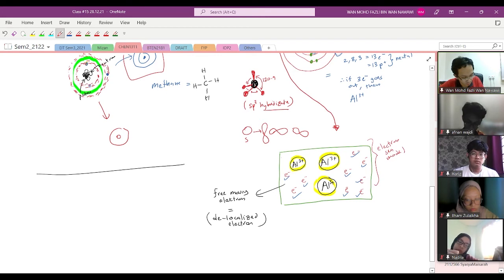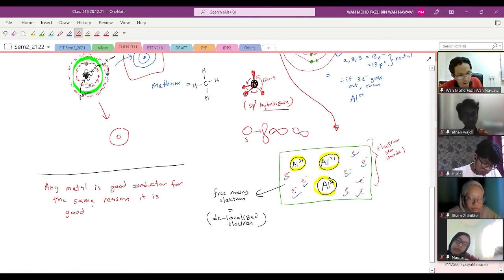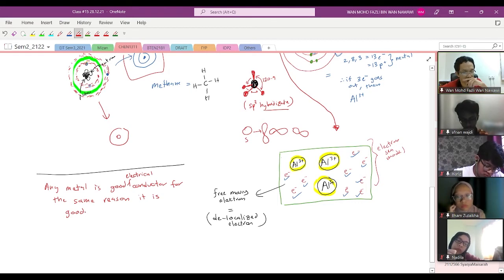So any metal is a good conductor, a good electrical conductor. For the same reason, it is also a good heat conductor.